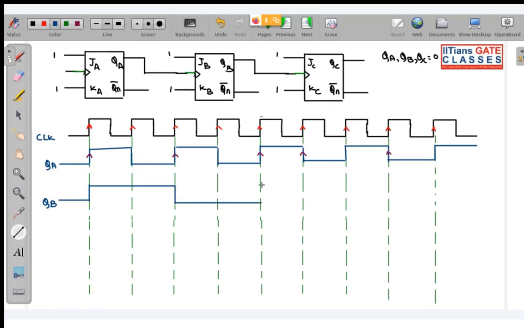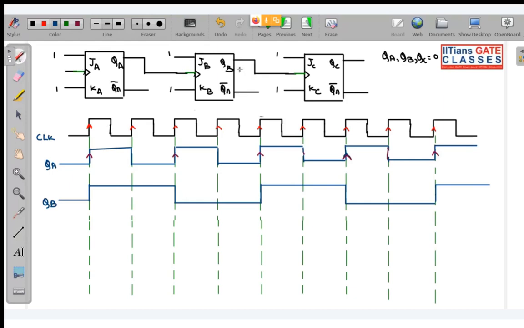And this toggling will keep on continuing. Over here, this toggling will keep on going.